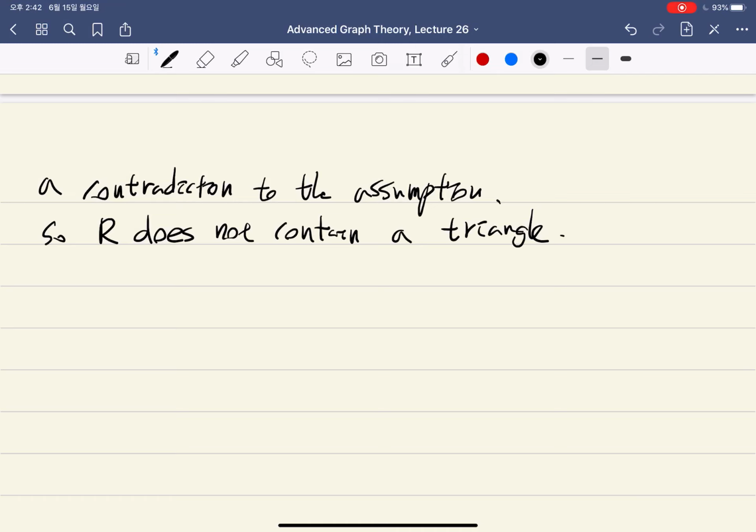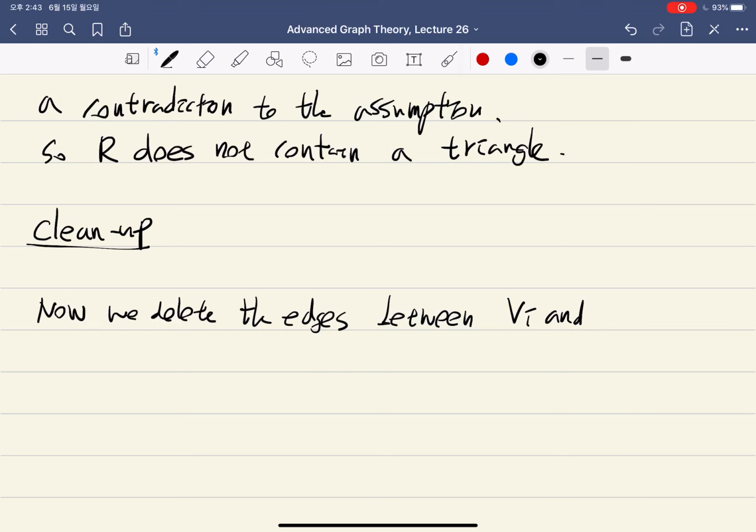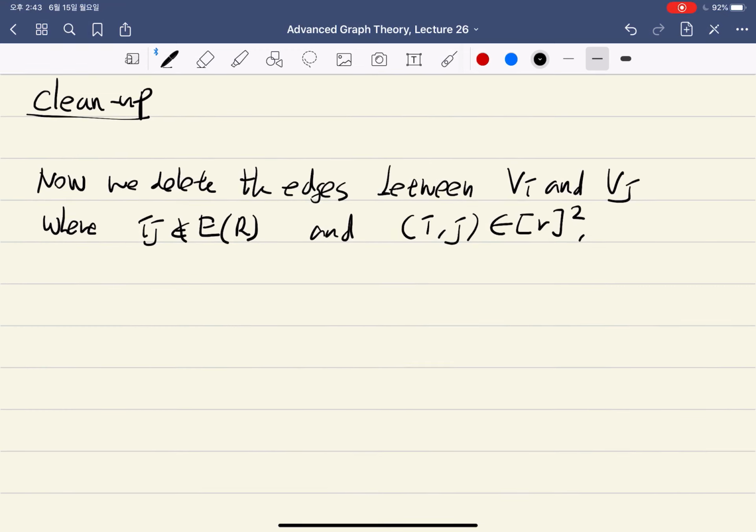Now we are going to clean up the reduced graph R. Meaning, we do the following. Now we delete the edges between Pi and Pj, where ij is not an edge in this reduced graph, where i and j are between 1 and R, where i and j could possibly be the same.